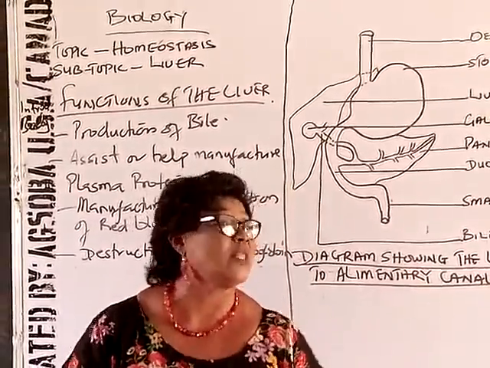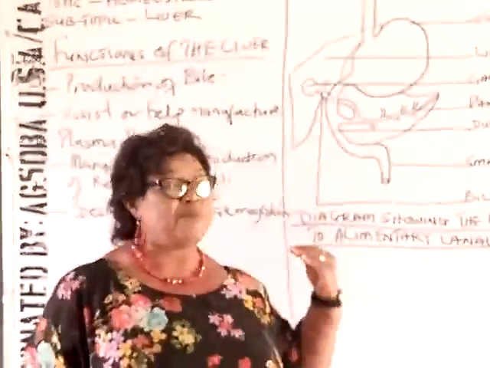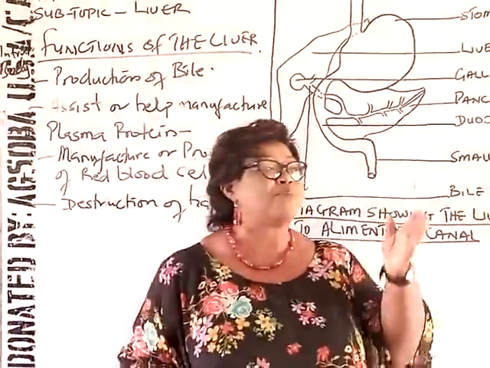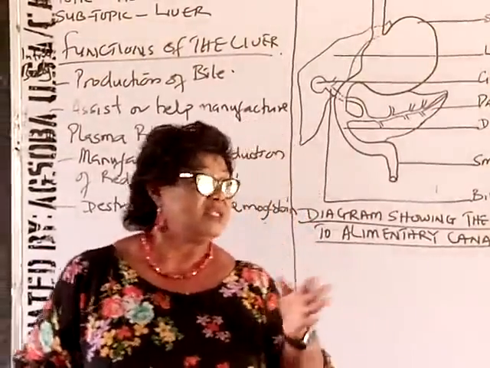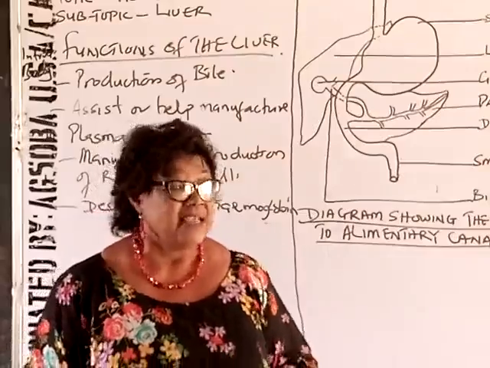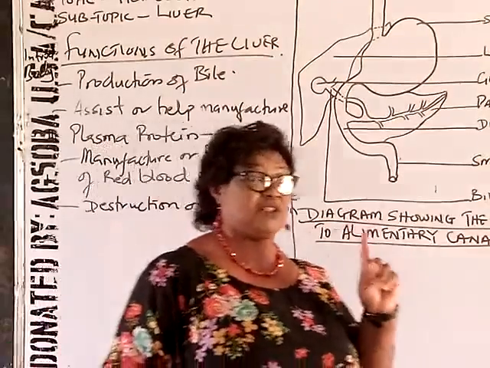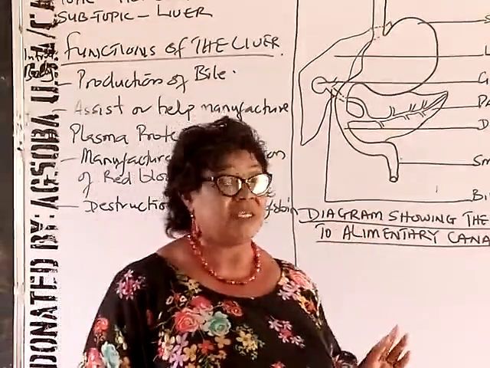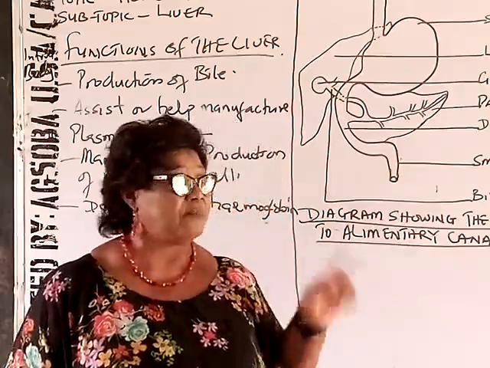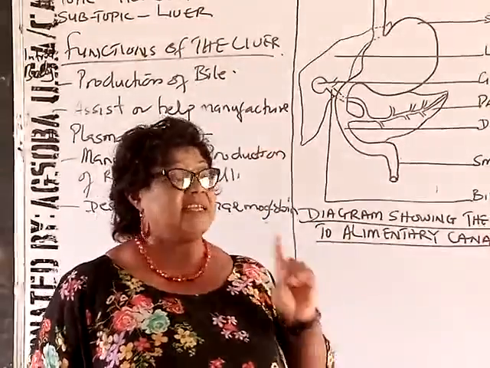When it becomes worn out, this hemoglobin will be broken down, while the rest part of the blood will also be destroyed by phagocytes. The phagocytes are part of the white blood cell. And when they are being broken down, 2 things are formed. One is what we call bilirubin, or blood bilirubin, and the other is the ferritin.